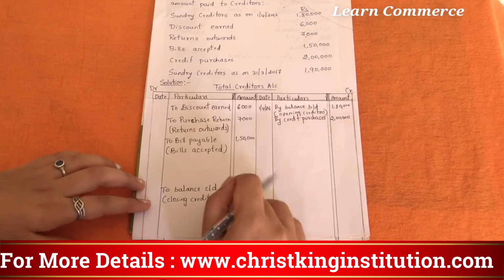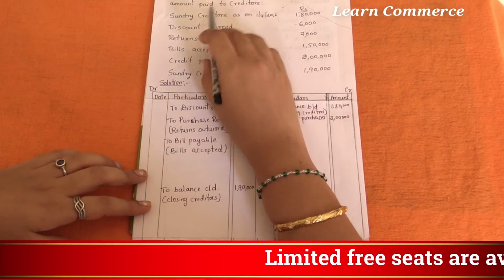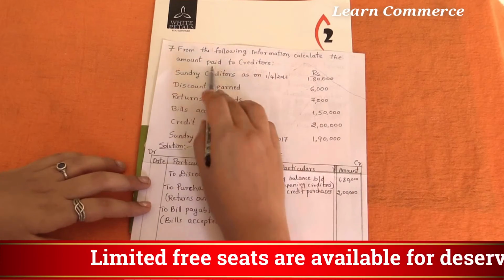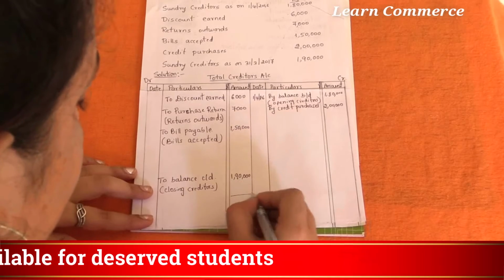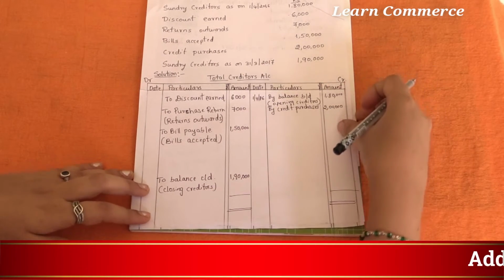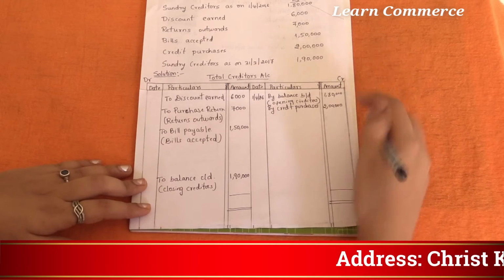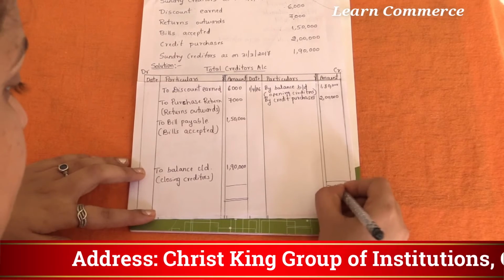Then calculate the amount paid to creditors. We have to calculate the amount paid to creditors. Make a total of both the sides. I think this one credit side will be the more, 1,80,000 plus 2 lakh. The total is 3,80,000.